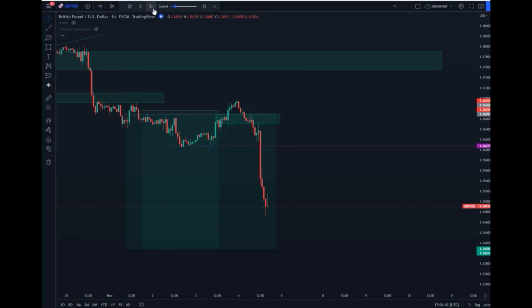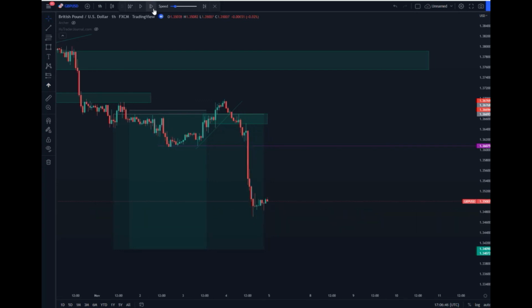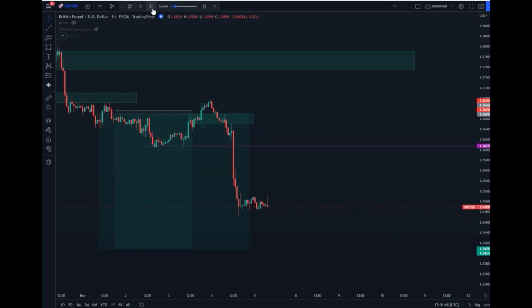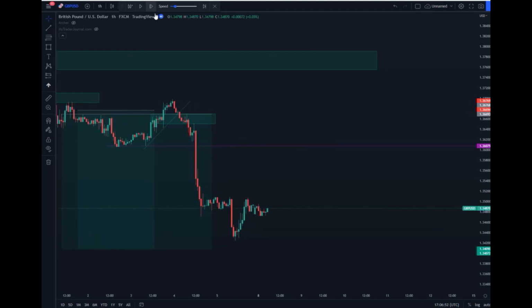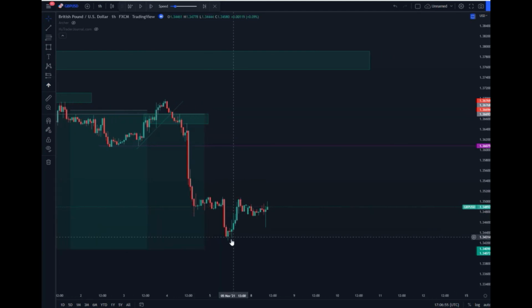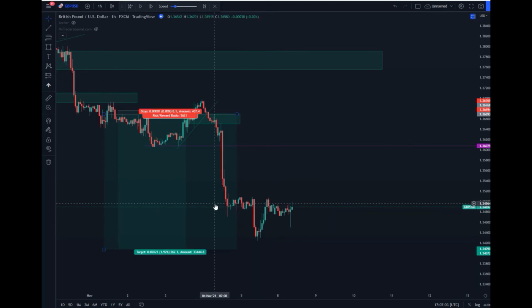So I'm just gonna keep going with this one and see if we hit take profit. Almost took profit there. At this stage, I would remove this trade, but I'm not gonna. I'm just gonna wait to see how this ends.